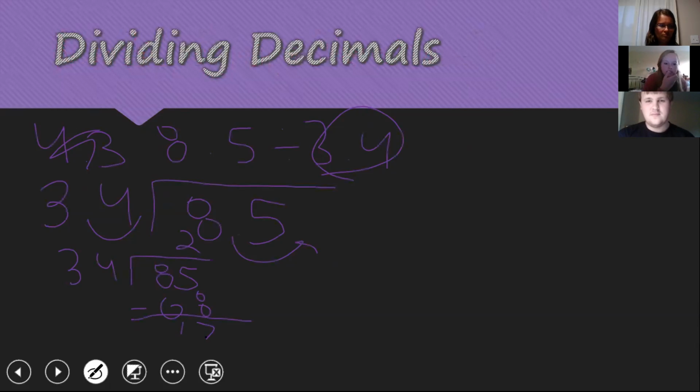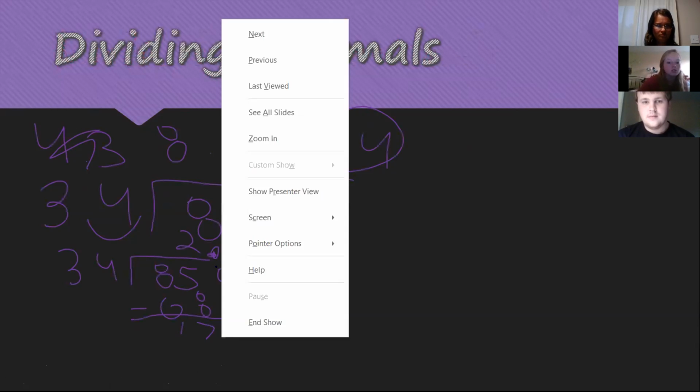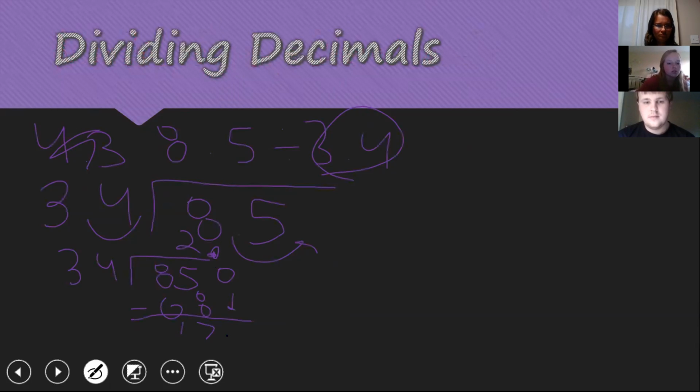This is where it gets a little funny. 34 cannot go into 17, so we need to add our zeros. In dividing decimals, once you get to the point where you need to add a zero, that is when we bring our decimals back into the problem. We put a decimal after the 2 on top and a decimal after the 17, and then we can bring down our zeros. So we have 17.0.